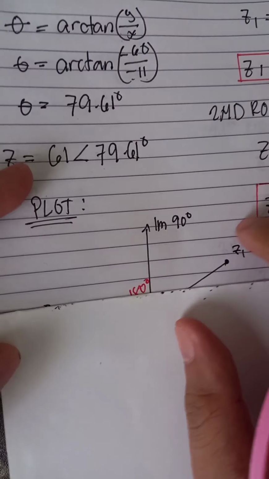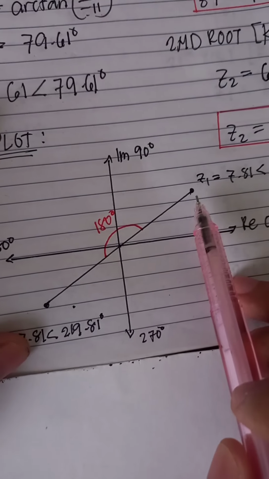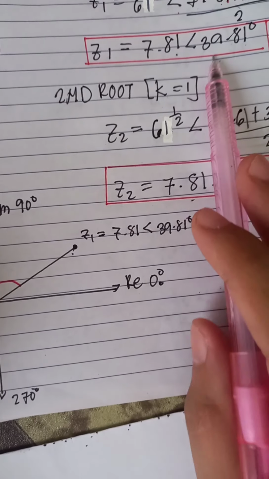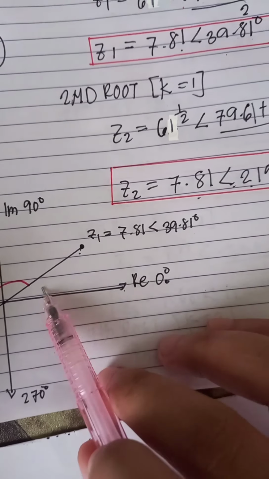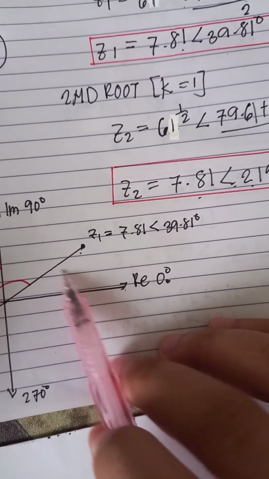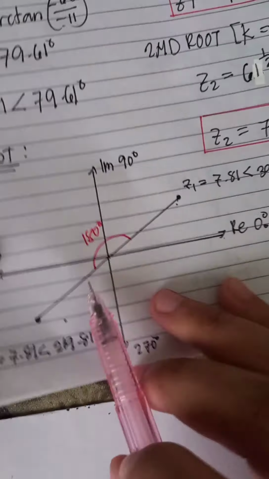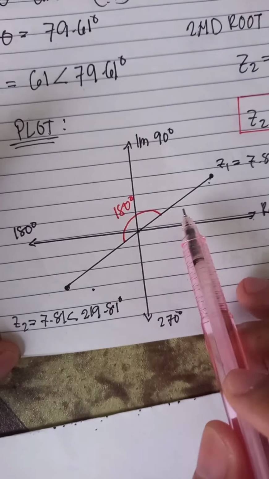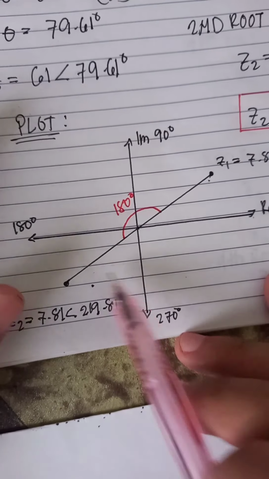So we have to plot this in our Argand diagram. This is our plotting. So this is Z1 because it is 39.81 degrees, and then we have 219.81 degrees, which is here: 180, and from here to here is 219.81 degrees.